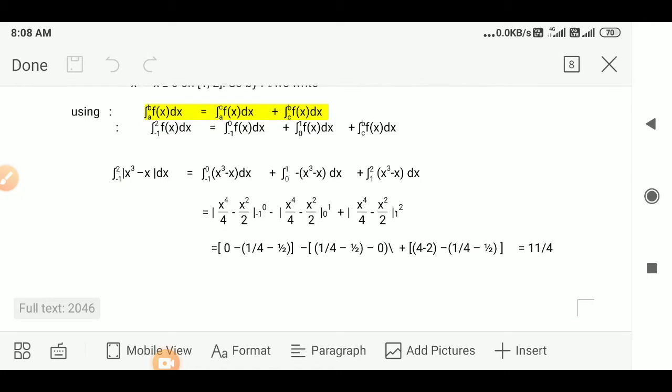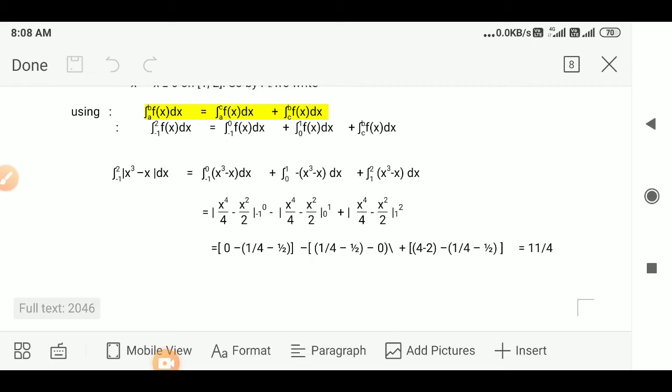After integration, you get such a result: x power 4 upon 4 minus x square upon 2 from minus 1 to 0, minus x power 4 upon 4 minus x square upon 2 from 0 to 1, plus x power 4 upon 4 minus x square upon 2 from 1 to 2.